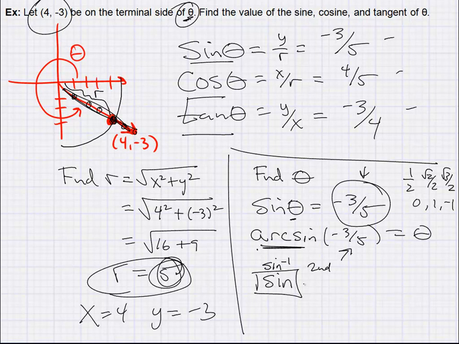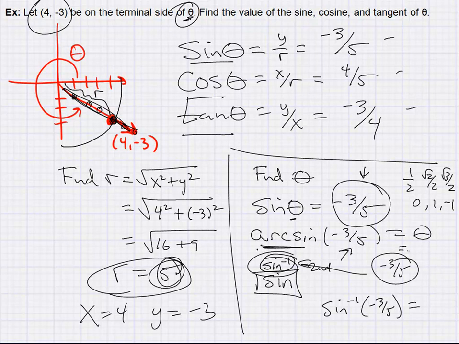I can't really tell you exactly how to do it on your calculator. Sometimes you'd have to hit this button first. Something like this would pop up, and then you'll put the negative 3/5 into that, hit the equal sign and be done. Some calculators you have to hit the negative 3/5 in first, then you hit that button. Every calculator is a little different.